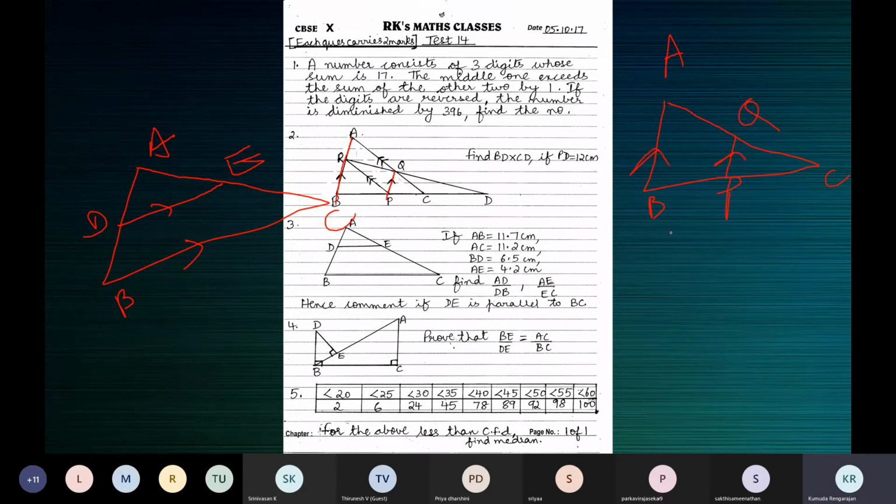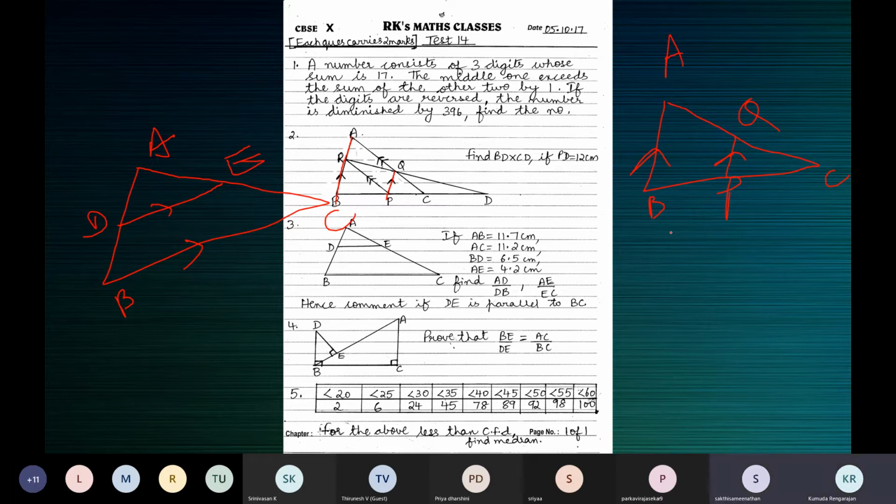Now for the other set. In triangle RBD, PQ is parallel to RB. In triangle RBD. PQ is parallel to BR.